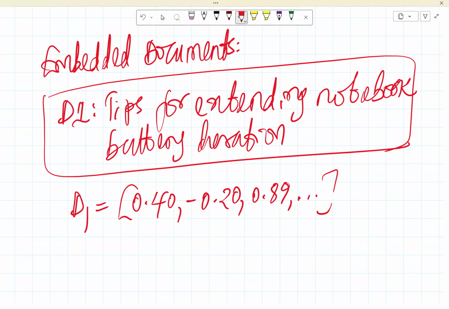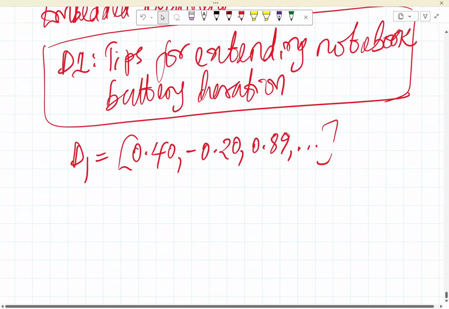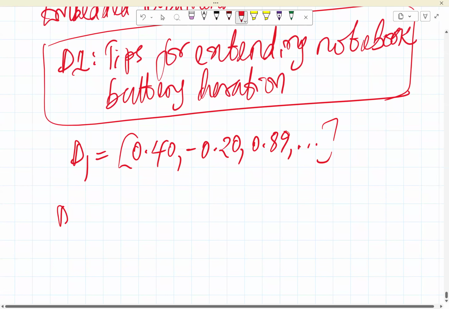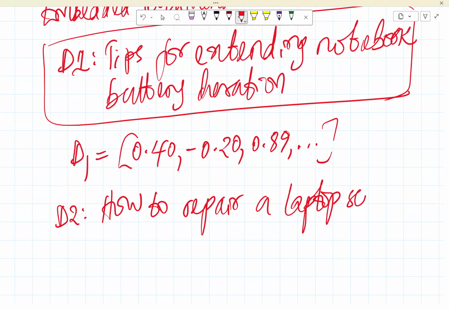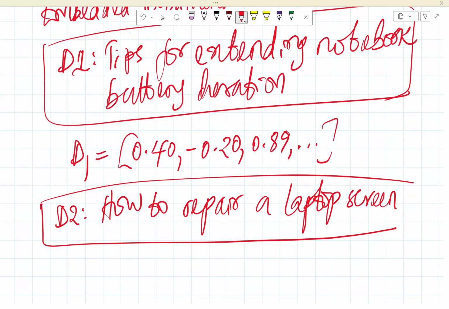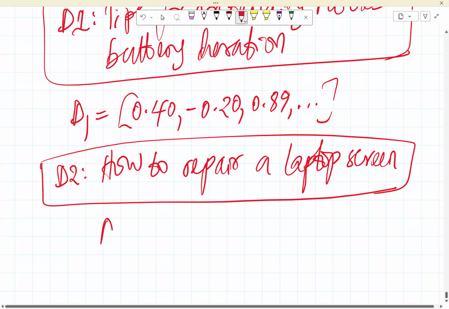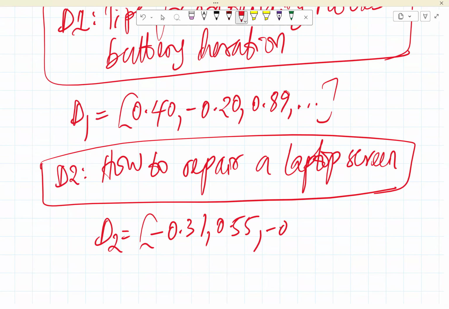So that's D1 there. And then maybe we also have D2. D2 now is "how to repair a laptop screen." That's another document. The embedding is something like D2 equals minus 0.31, 0.55, minus 0.12, and so on and so forth.